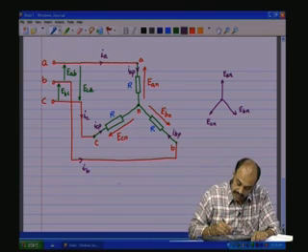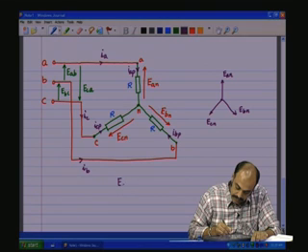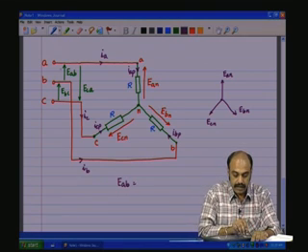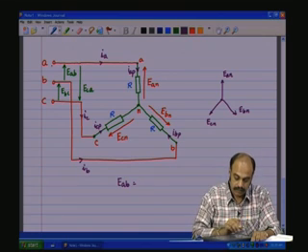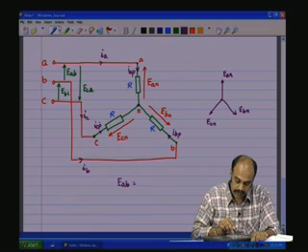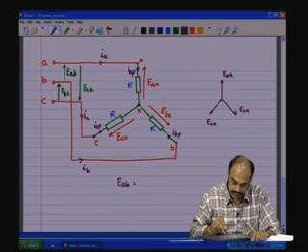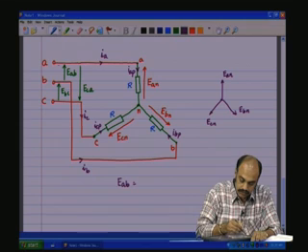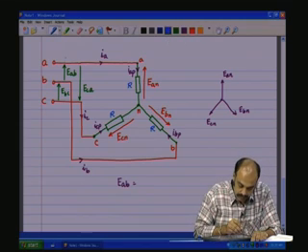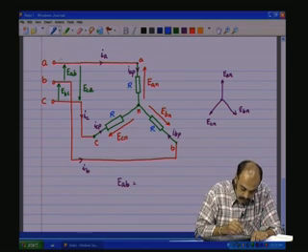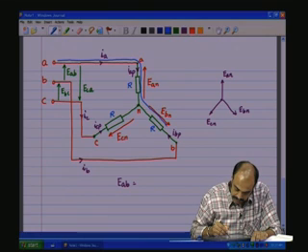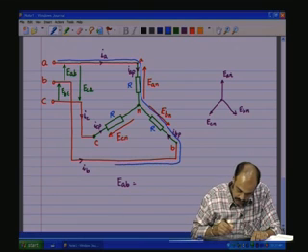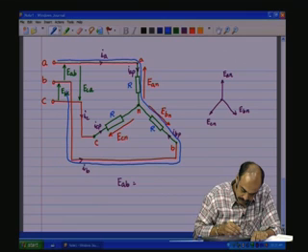Now, what is EAB? EAB is the line voltage between line A and line B. Now, look at this portion of the circuit between A phase and the B phase. So, let me draw this in blue. Look at this portion of the circuit. We shall apply Kirchhoff's voltage law for this portion of the circuit.